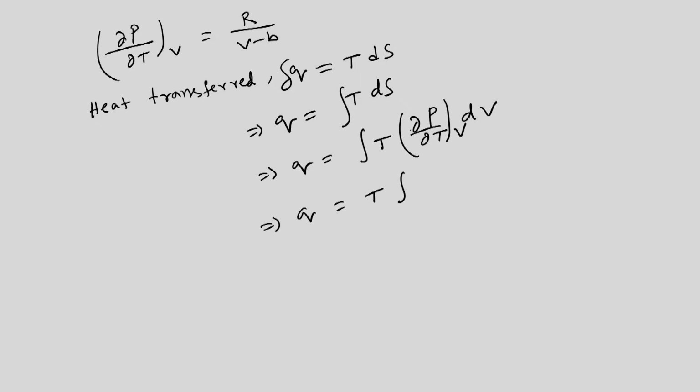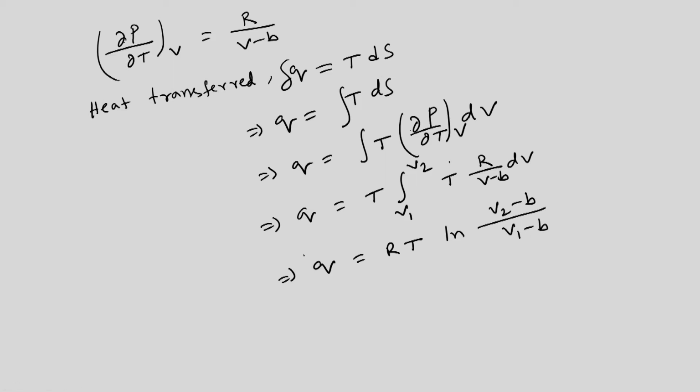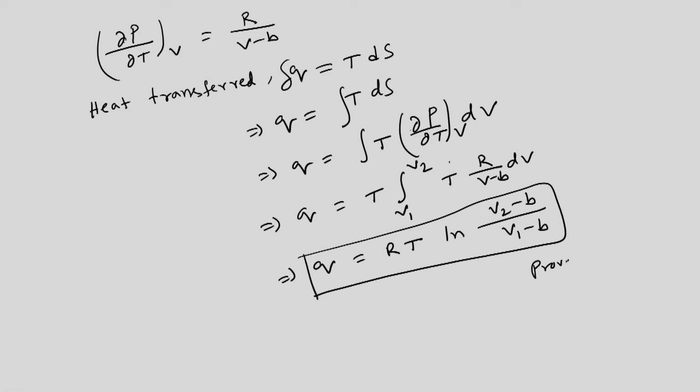Since the process is isothermal, temperature is constant, so we can take it out. Volume changes from V1 to V2, so Q is T times the integral of R by V minus B dV, and if we simplify this, we get Q is RT ln (V2 minus B) by (V1 minus B). This is proved.